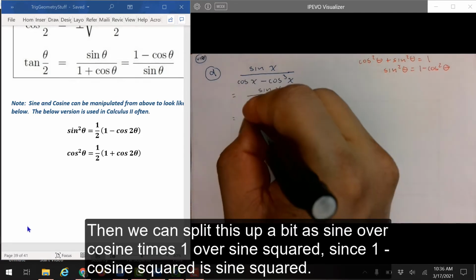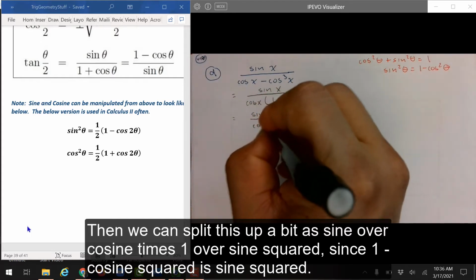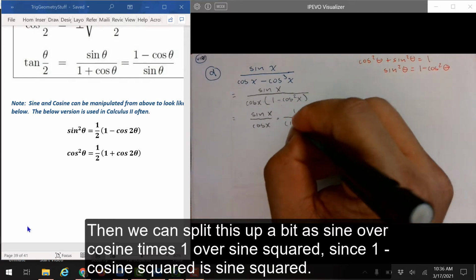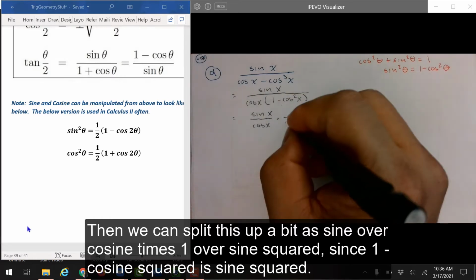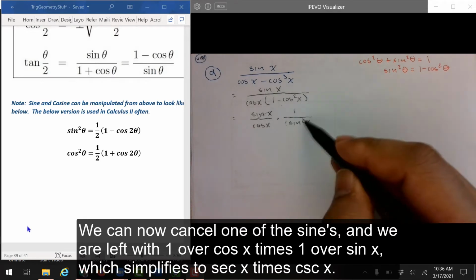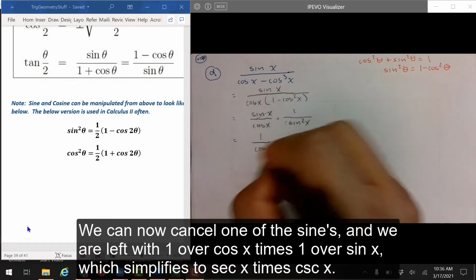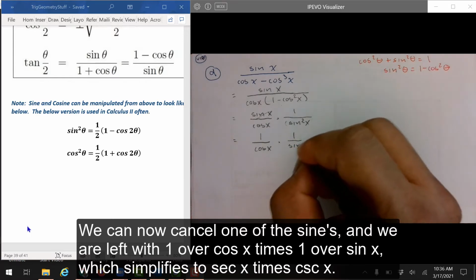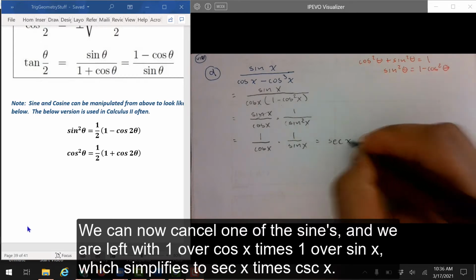Then we can split this up a bit as sine over cosine times 1 over sine squared, since 1 minus cosine squared is sine squared. We now can cancel one of the sines, and we're left with 1 over cosine x times 1 over sine x, which simplifies to secant times cosecant x.